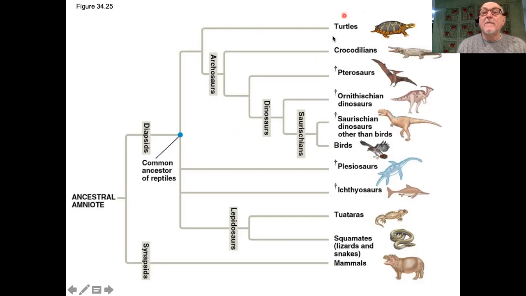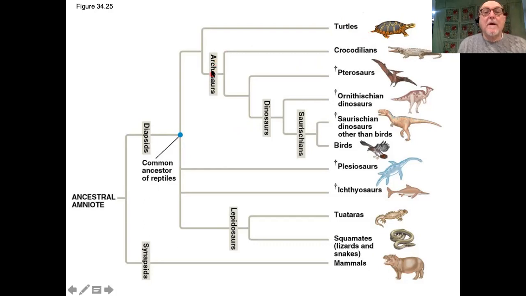But here they are, a very interesting group indeed. And of course, all of them have the adaptation that they have taken outer scales and have welded the scales together to form the shell into which they can withdraw. So those are turtles and tortoises.